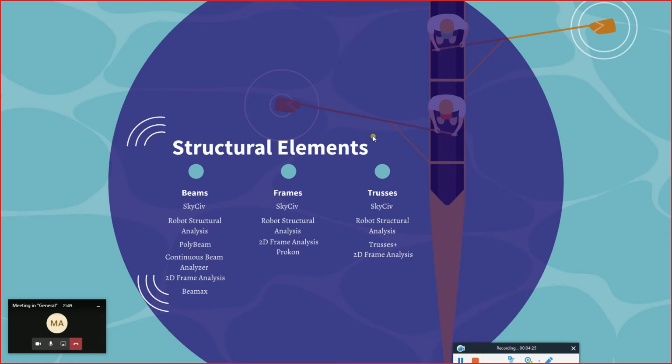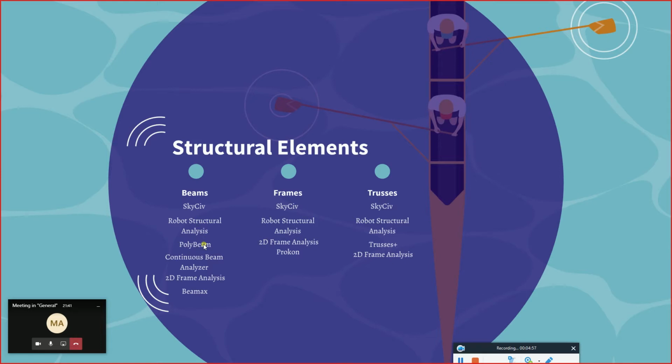Like for example, when it comes to SkyCiv, you can have a free student account, but it's limited. You can upgrade your account for around 4 riyals for a full student account. Robot Structural Analysis, 4 riyals per month. Robot Structural Analysis, you can download an educational version for 3 years, which is renewed as well.